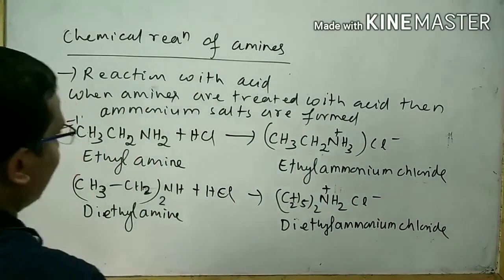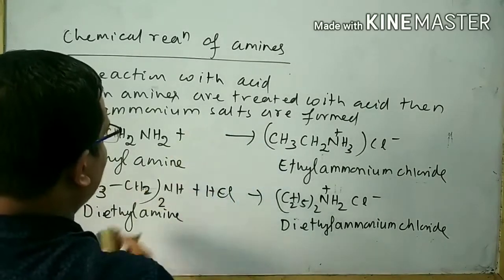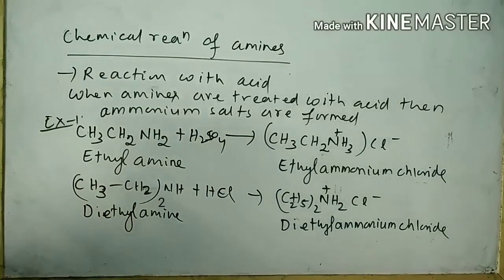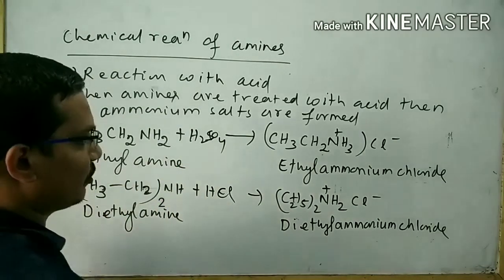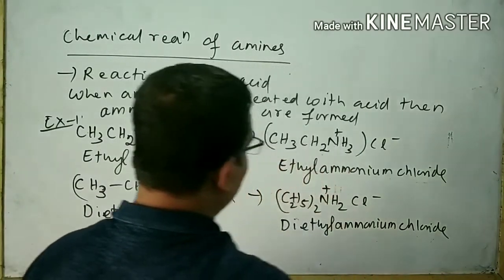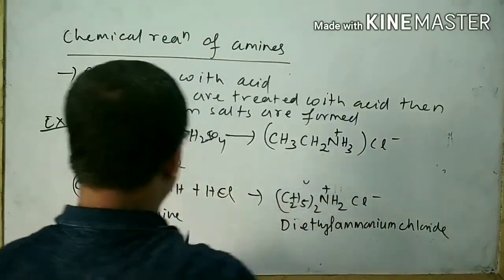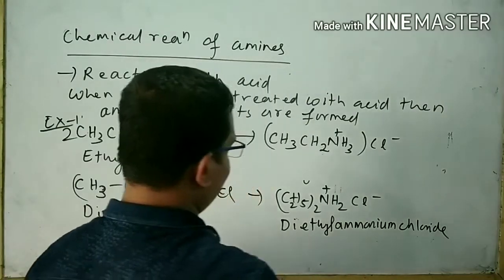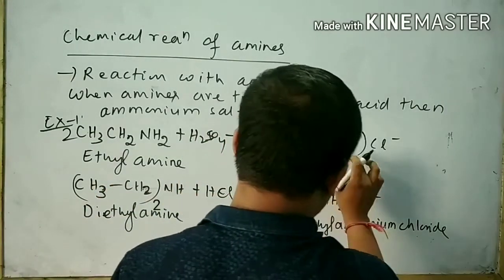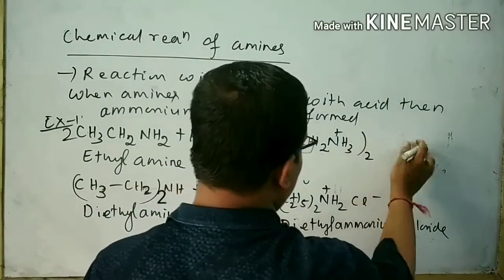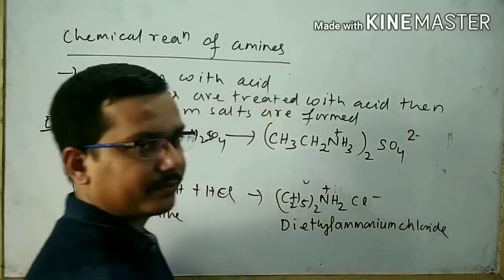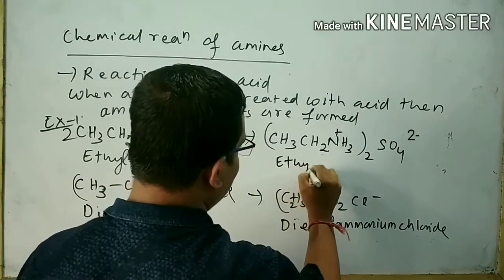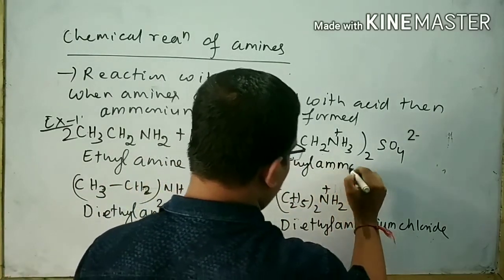Similarly, take another acid, that is H2SO4. Suppose I want to take a reaction between ethylamine and H2SO4, then what will be the product? We need 2 molecules of ethylamine. As a result, we get (CH3CH2NH3+)2 SO4. The name of this compound is ethyl ammonium sulfate.